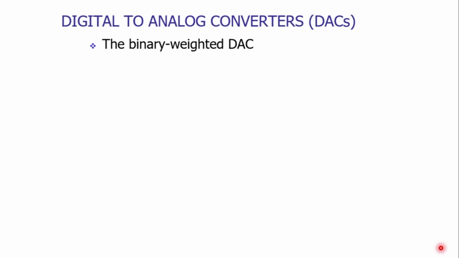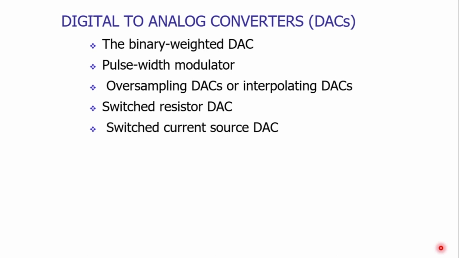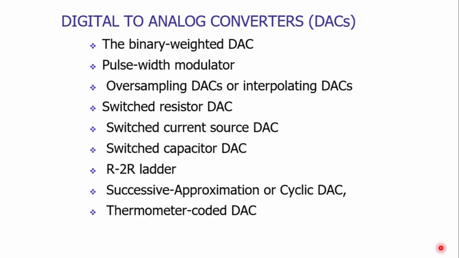The first one is the binary weighted digital to analog converter, then pulse width modulator, oversampling DACs or interpolating DACs, switched resistor DAC, switched current source DAC, and so on and so forth.